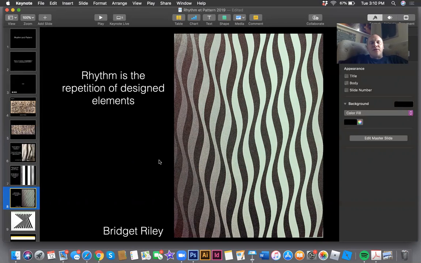And here we've got some vertical lines. They're curved, and there is repetition of shape, but not exactly in the same size or same place. So again, this is not a pattern. This is rhythm.